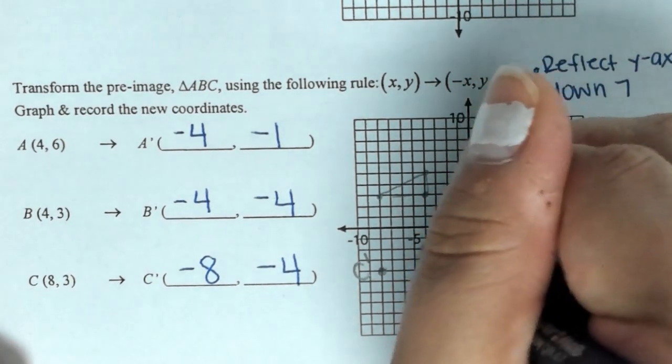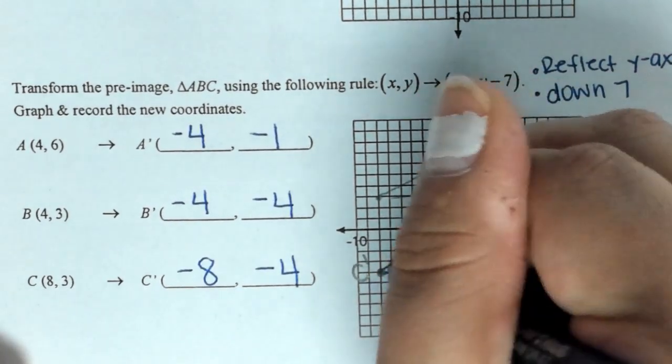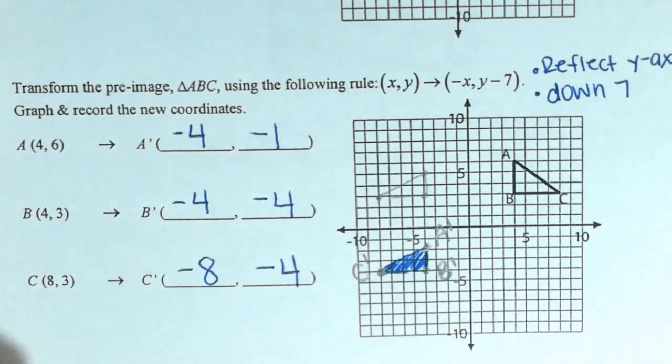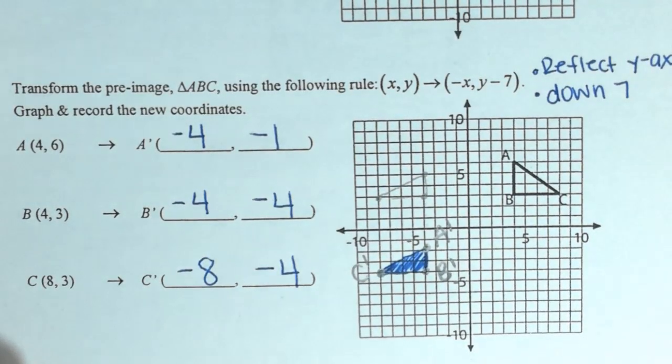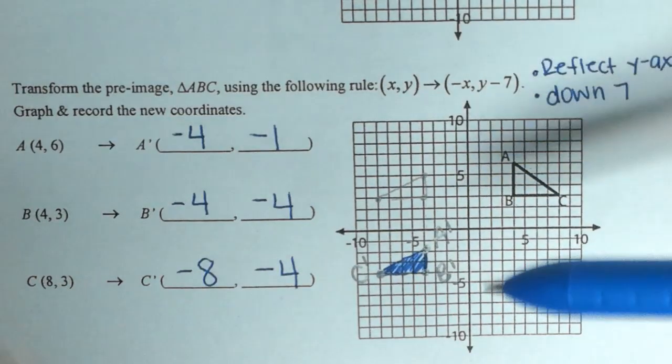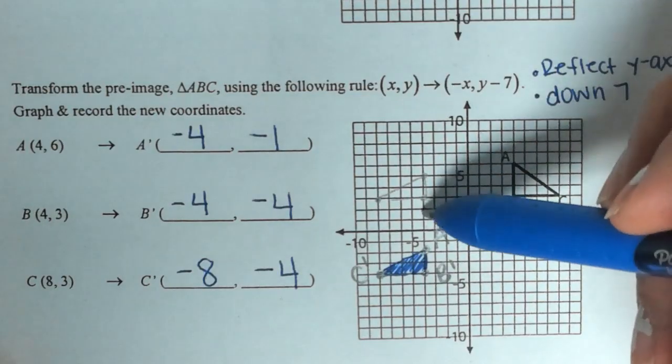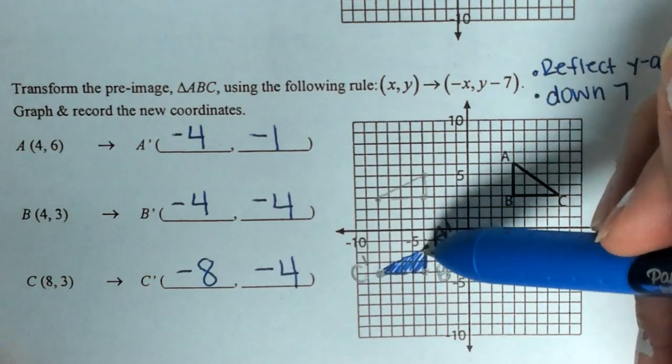And then don't forget to highlight your final answer for me or shade it in. What questions do I have? Oh, I did something wrong. What did I do wrong here? 1, 2, 3, 4.